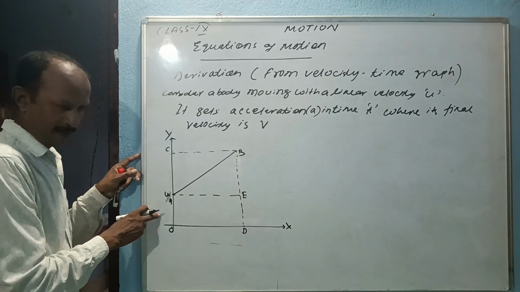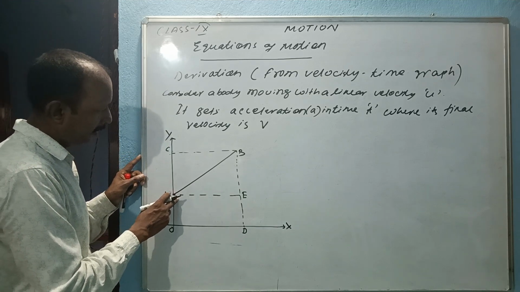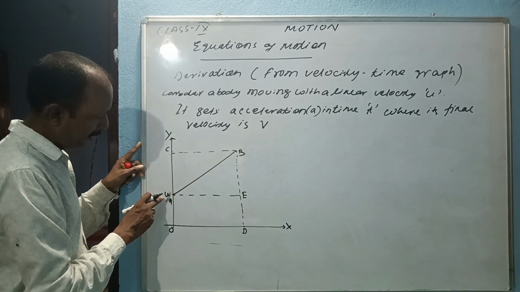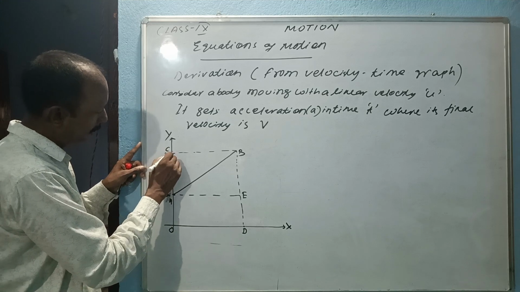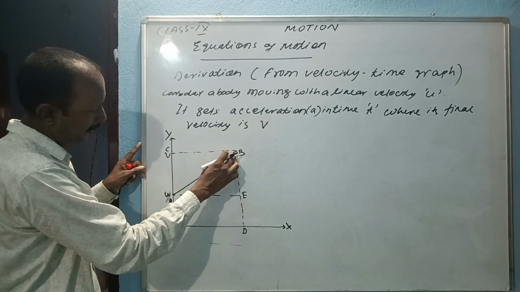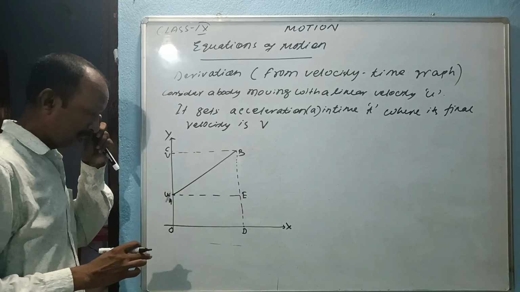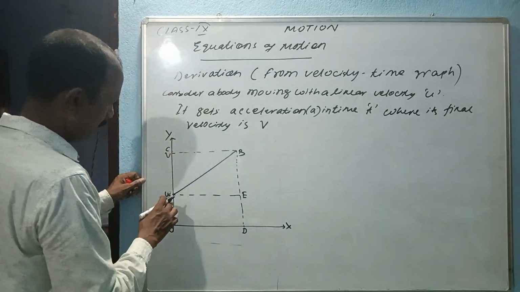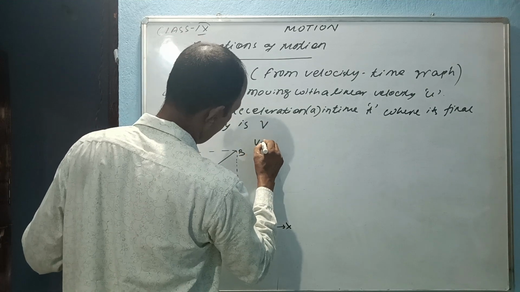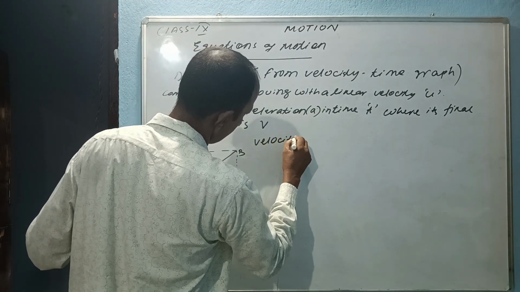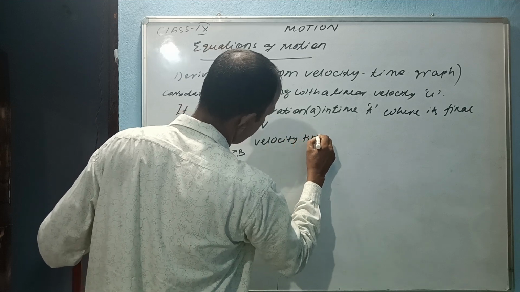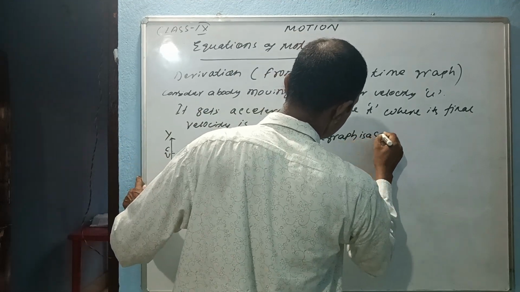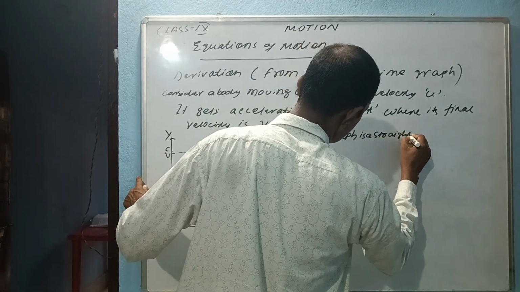The body has travelled from the point A to point B. When it is at the point A, its initial velocity is u, and when it is at the point B, its final velocity is v. So I can say that here the velocity time graph is a straight line.